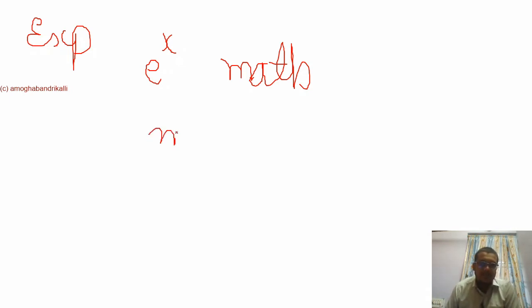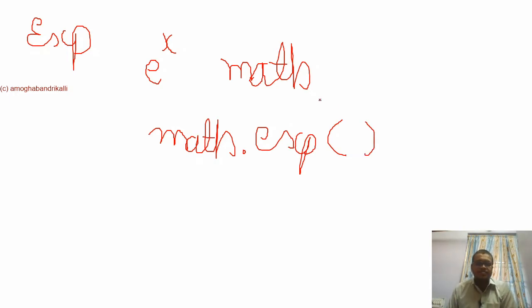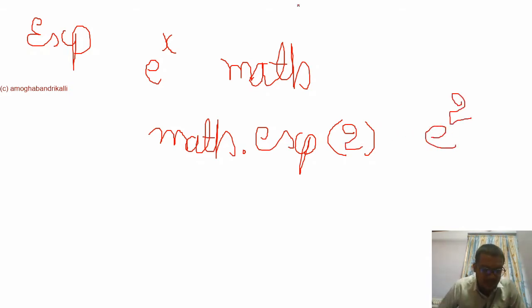Later you need to write math.exp, that is exponential. So whatever you are giving here will be converted into e raised to 2, and the answer will be given in this form. So this is called the exponential function, and the next function is fabs.